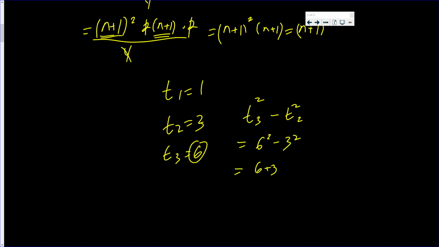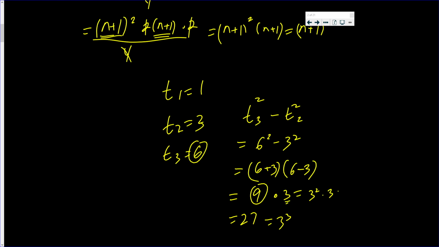Well, I can add the numbers being squared and I can subtract the numbers being squared. I get 9 times 3, which is 27, which is 3 cubed. Or I could have said 9 is 3 squared, times another 3, is 3 cubed. That's probably better. Let's not go to 27, because knowing 27 is 3 cubed is a lot harder than knowing that 9 is 3 squared.